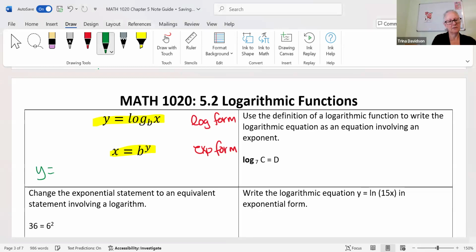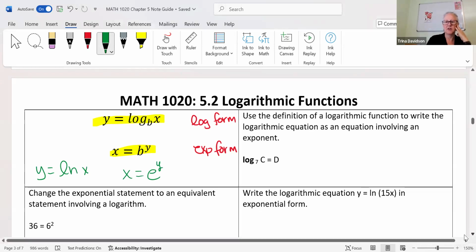So y equals natural log of x is the log form. The exponential form is x is equal to e to the y. e is the base of the natural logarithm.